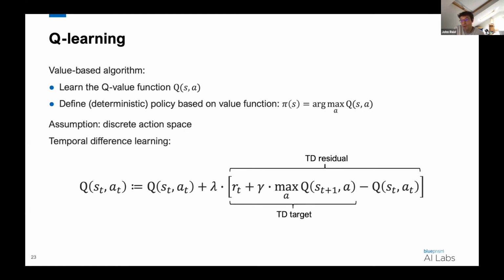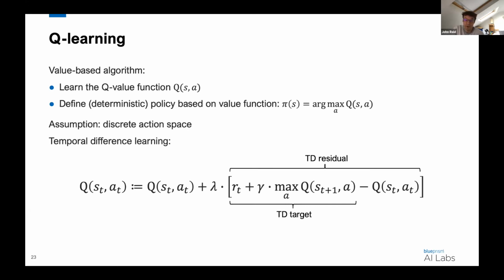Once we've got that, however, we can employ this method called temporal difference learning to learn this Q value function. And how does that work? Well, really, if we recognize that we start with a random Q estimate, we need some way to improve it given our experience of interacting with the environment. And how's that going to happen?